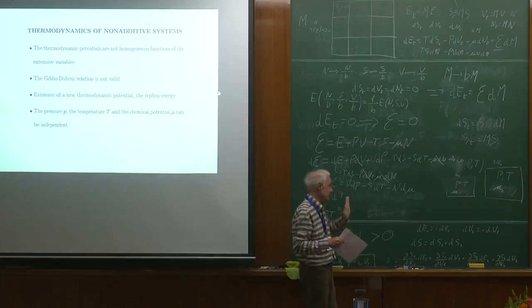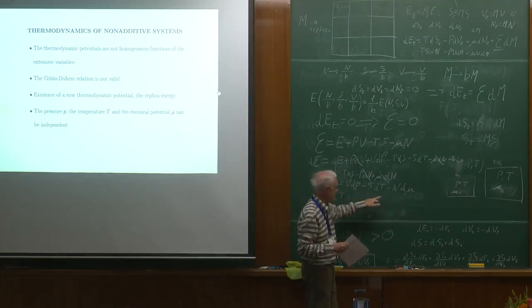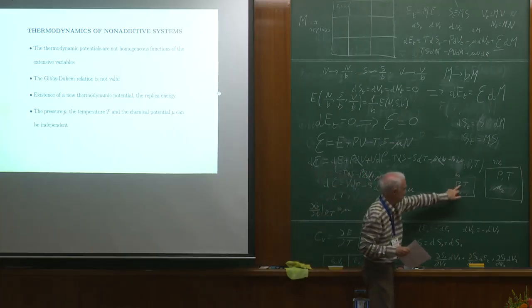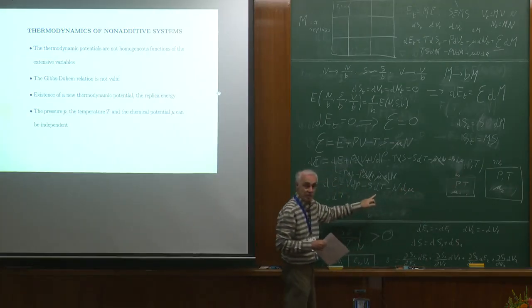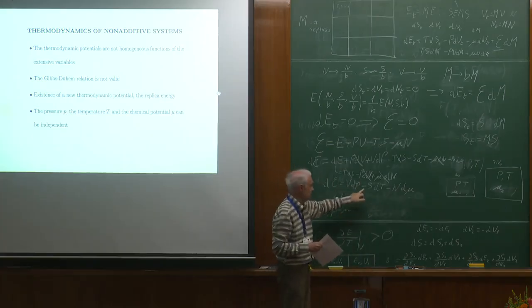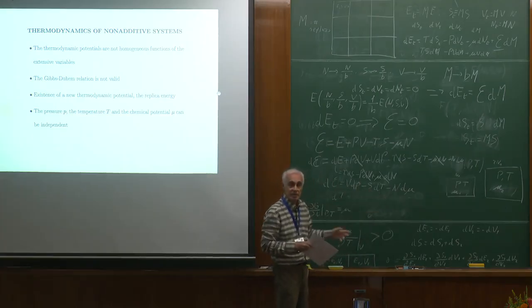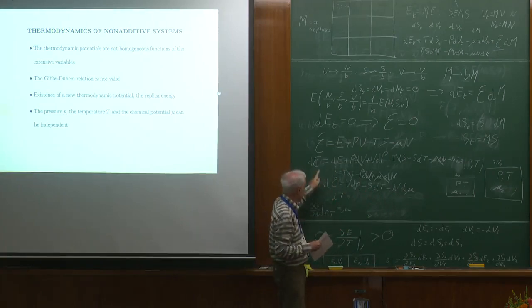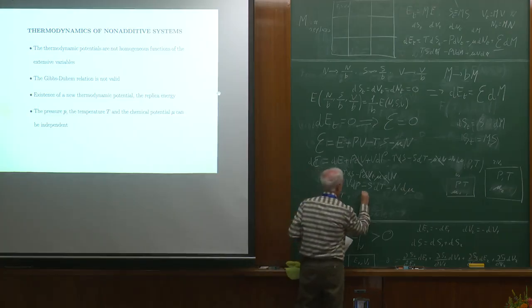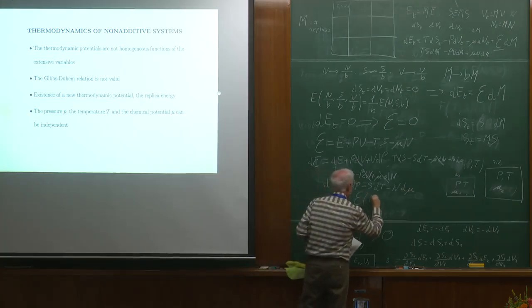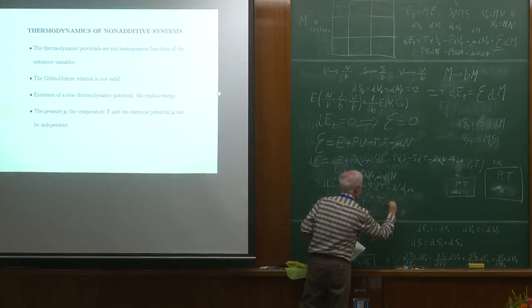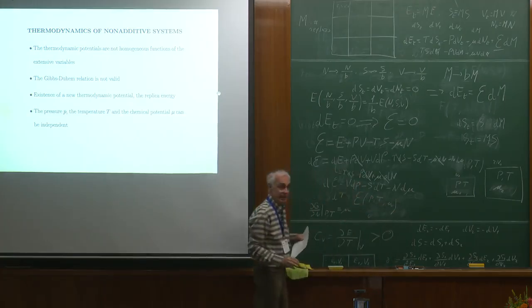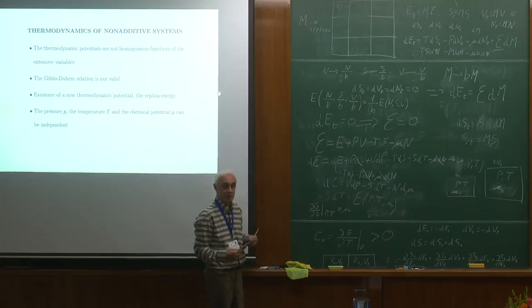But the physics is that before this relation was 0, meaning that this was a function of P and T. Now it is no more 0, which means that you can take P, T, and mu independently, since the values of these 3 intensive variables determine epsilon, the replica energy, as a function of P, T, and mu, seen as 3 independent variables, something that was not possible for an additive system.